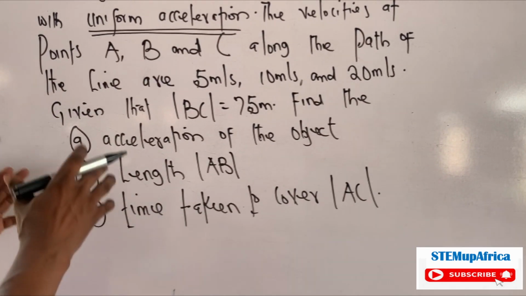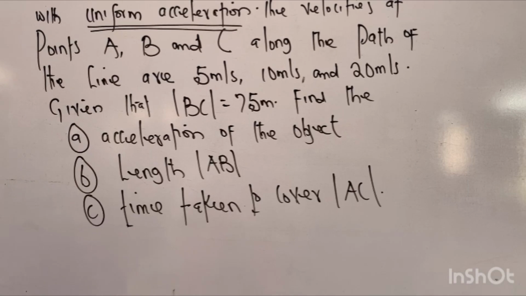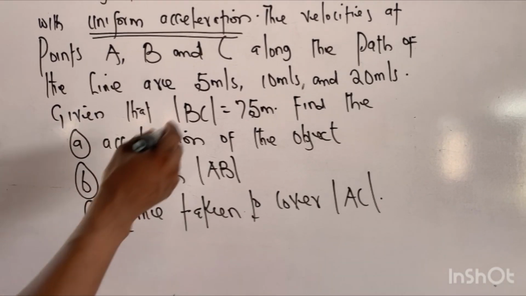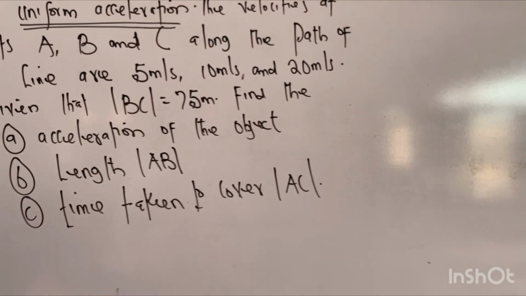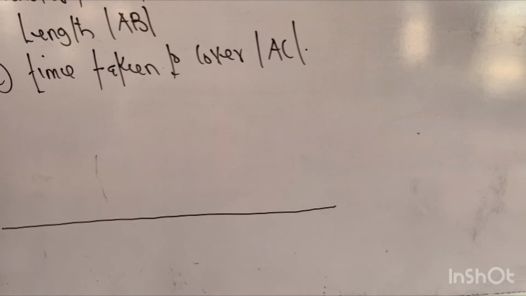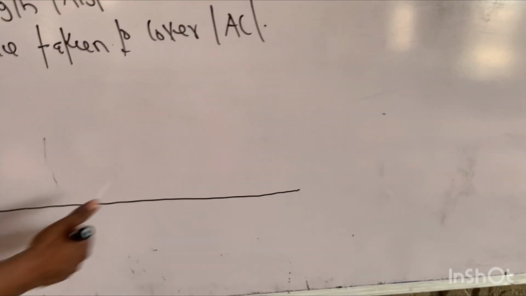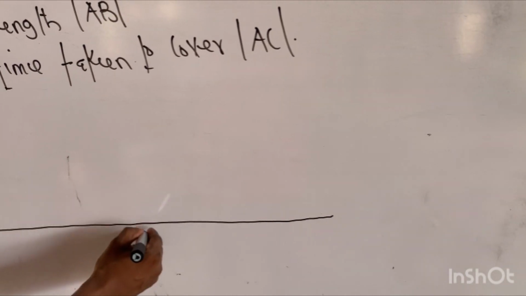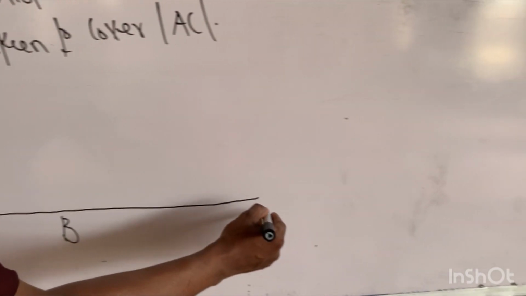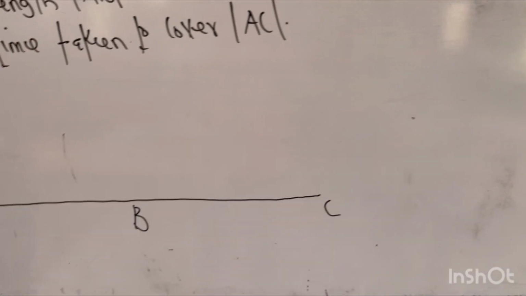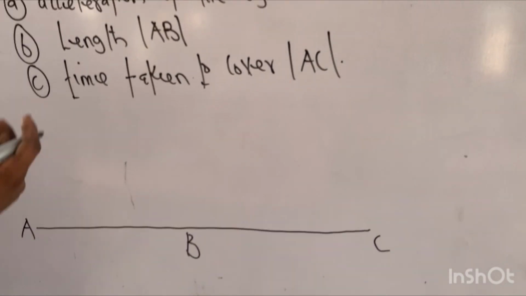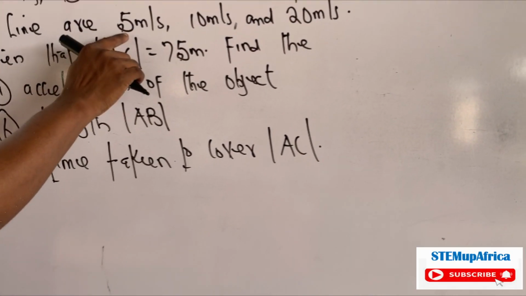So let's try to illustrate this with a diagram, according to what the question says. So this is our straight line. Let's call the first point A, let's call any point along the line B, and let's call the last point C. The question says the body passed point A at 5 meters per second.